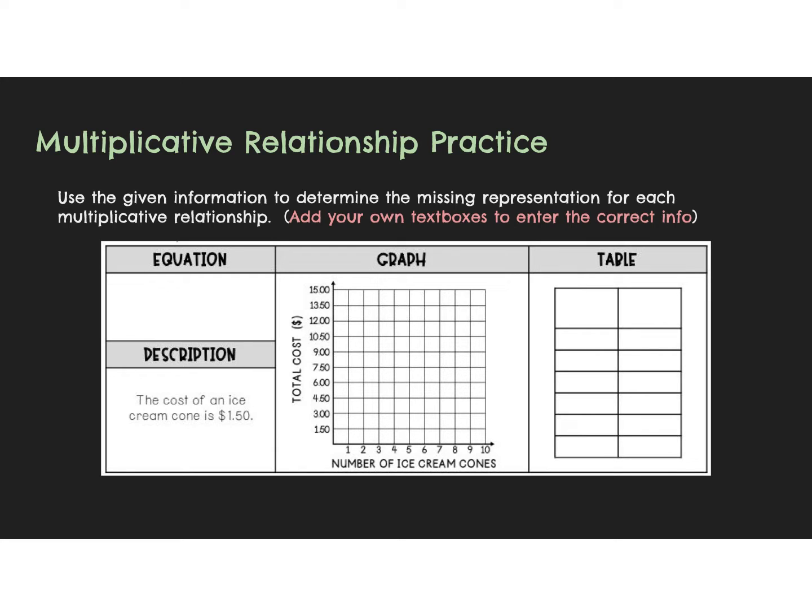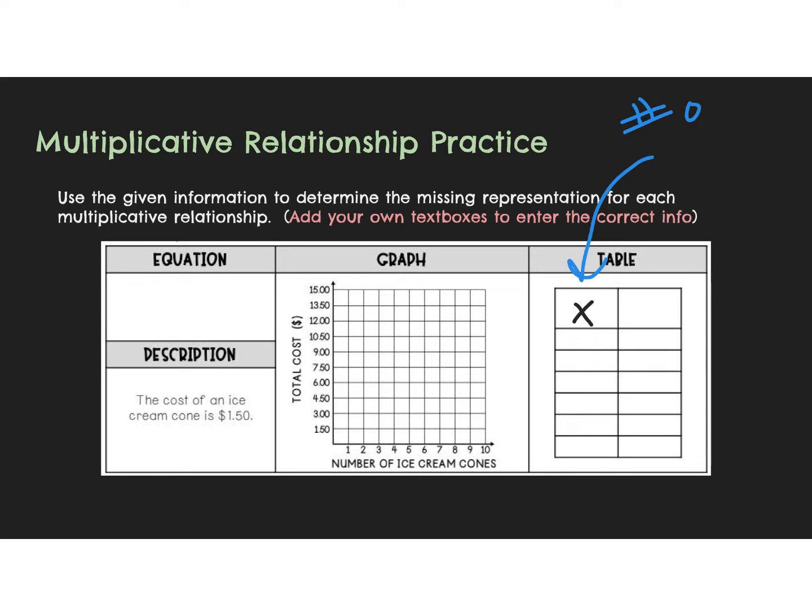My X value is going to be number of ice cream cones, because it's on the X axis. And remember, our X value is always going to be on the left-hand side of our table. So I would say my X, and if I had more room, I would write number of ice cream cones.